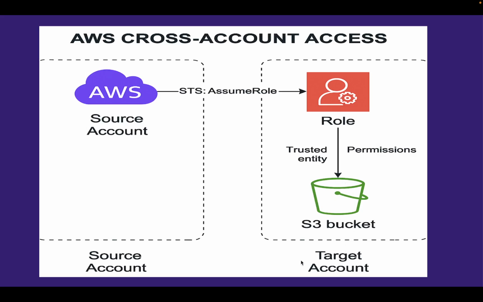In your account, let's say your account is the target account. The source account, in this case your partner's account, will have a user whose main purpose is to assume a role in your account and do the analysis. If the user is not already created, we will create one for ourselves.